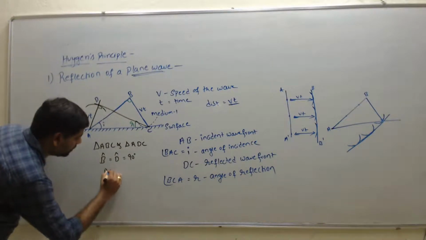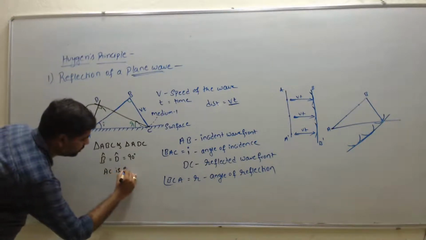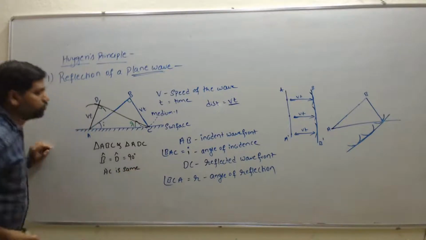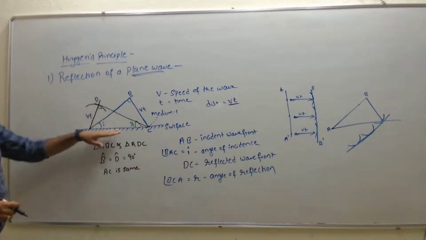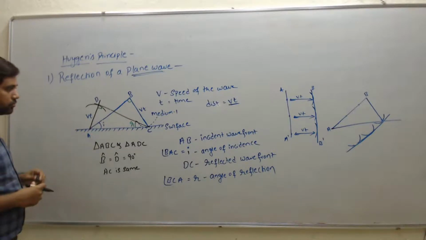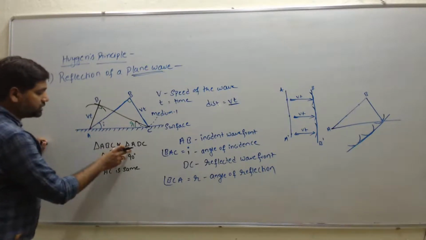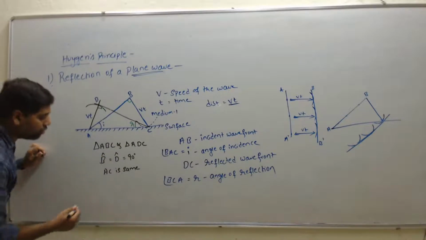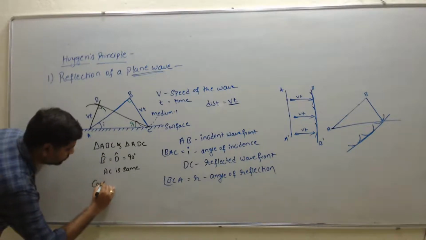So AC is the same base for two triangles. Then these two triangles are said to be congruent triangles.